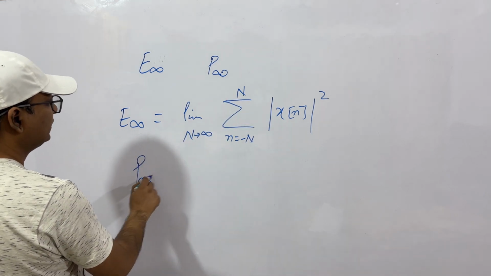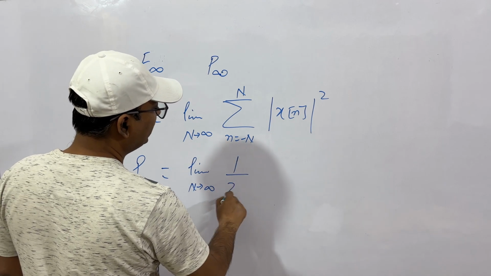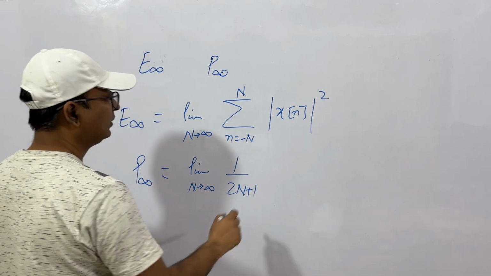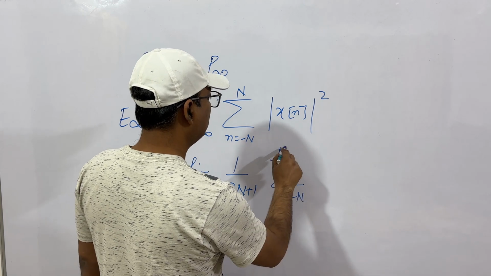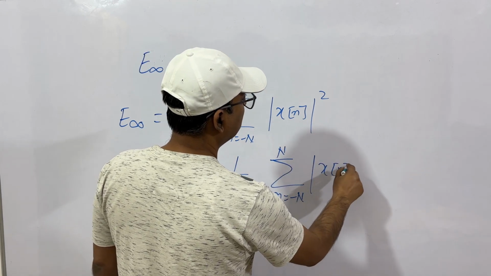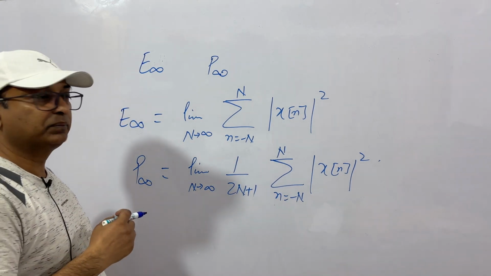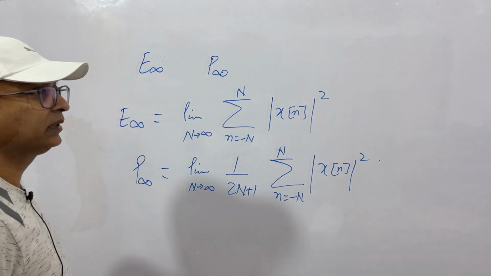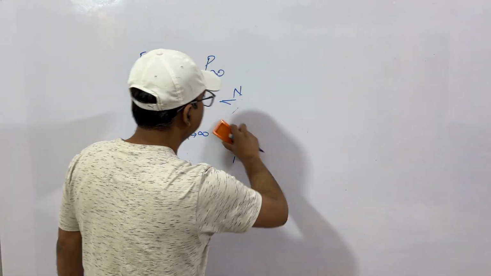And power was the limit as N tends to infinity of 1 by 2N plus 1 times the summation from minus N to N of this expression. You know this? Now we'll see some examples and get this concept cleared. So let's see some examples.